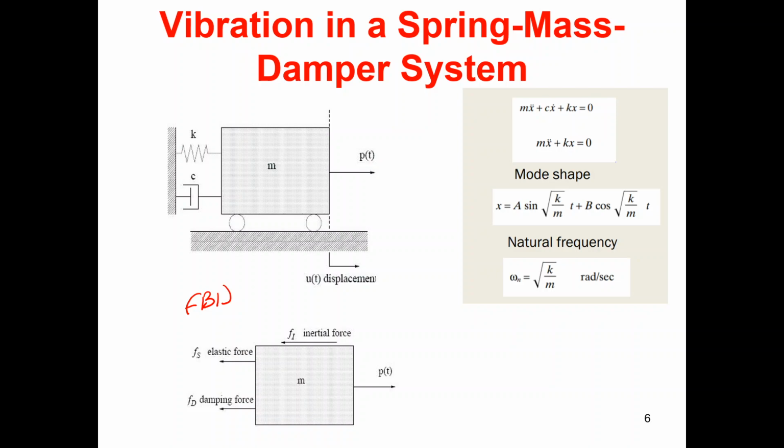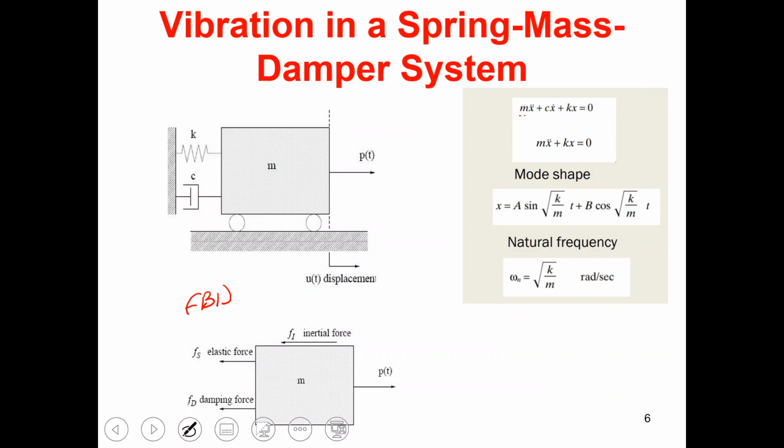Okay, so the general equation for vibration is going to look like this. It's going to be m x double dot plus c x dot plus k x equals 0, right? You have to keep in mind that x double dot is the second derivative of x with respect to time, and x dot is the derivative of x with respect to time.